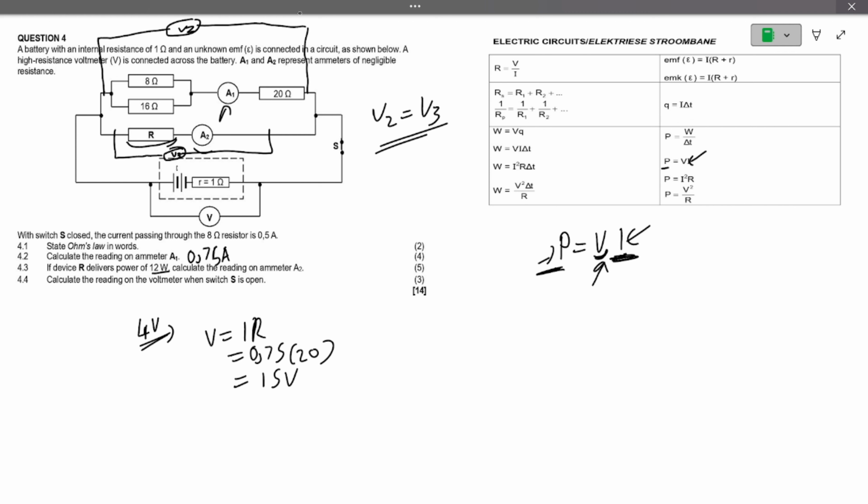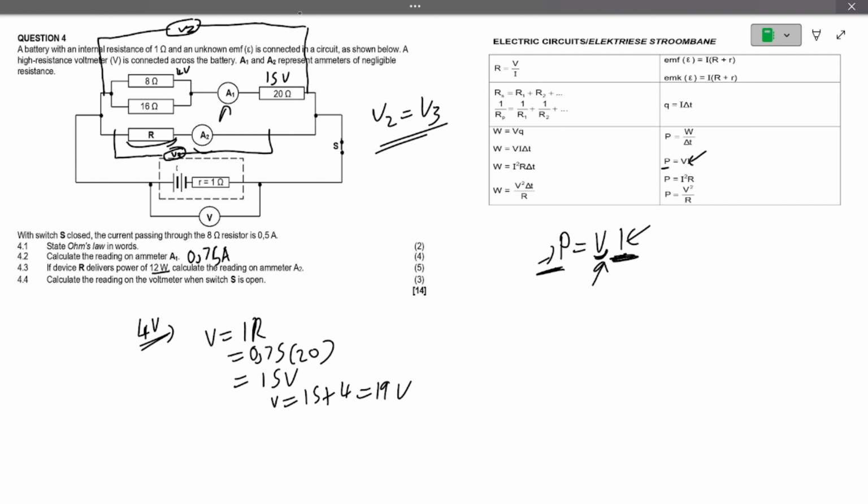So now here it's 15 volts, and then the voltage across the parallel combination is the same here because they are in parallel with one another. So this one we had gotten as 4 volts, so it's going to be 15 plus 4, which is 19 volts.